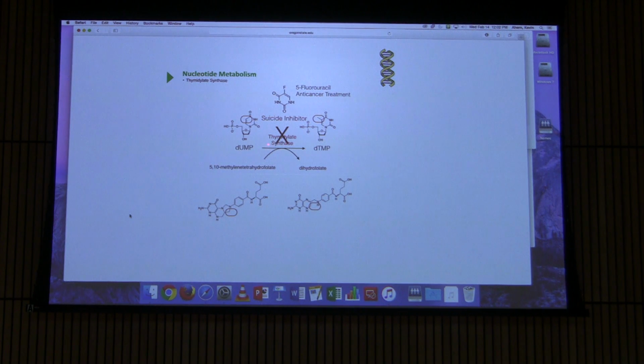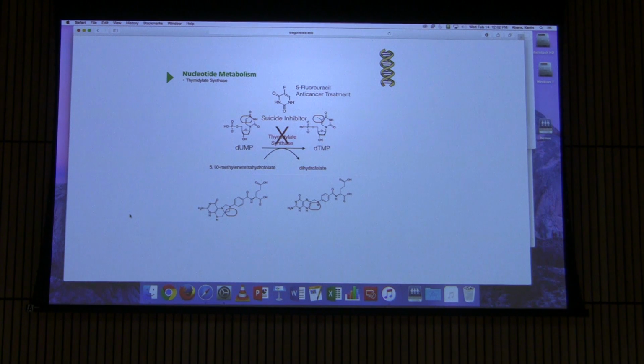The reaction here is catalyzed by the enzyme known as thymidylate synthase or thymidylate synthetase. I use those two terms interchangeably. And there is a molecule that is a suicide inhibitor of that enzyme. It's known as 5-fluorouracil, and it is an anti-cancer treatment.